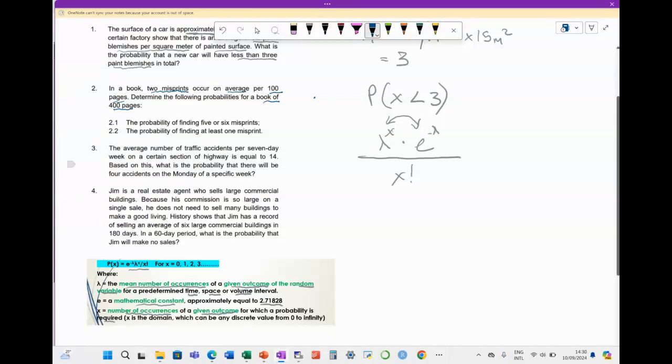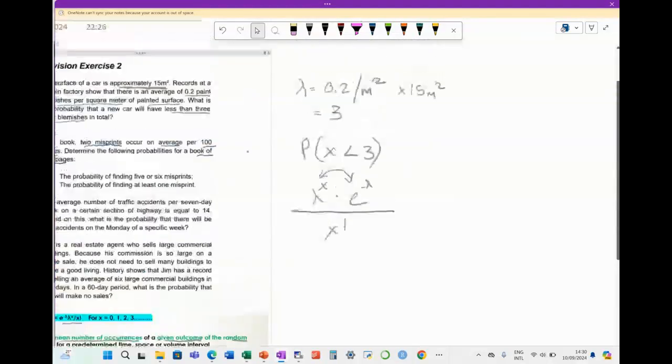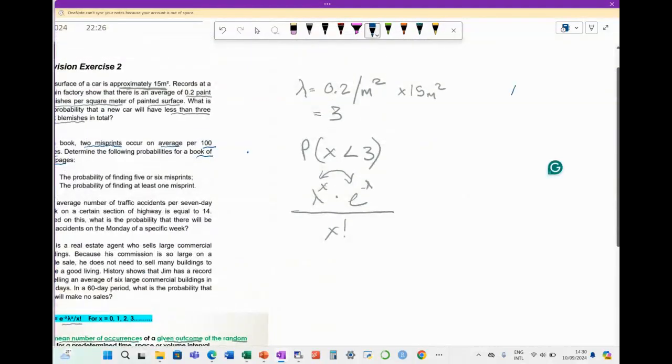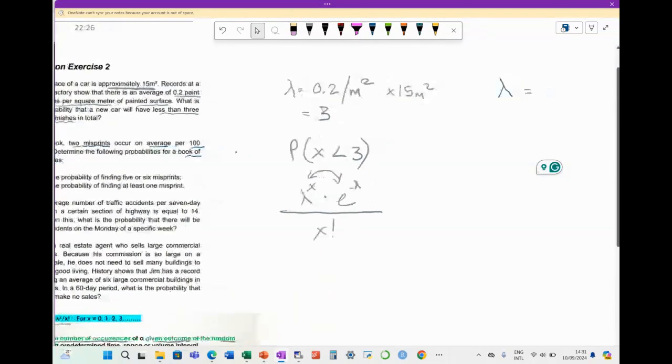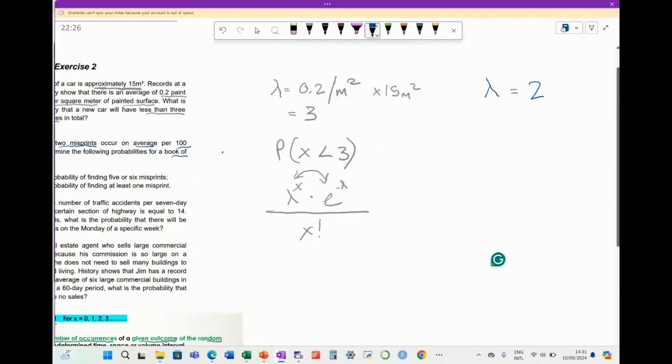So your average is going to be specific to the relevant question. Does that make sense? To get our average for this second question, we get 2 mistakes, but this is per 100. So we just use proportion.